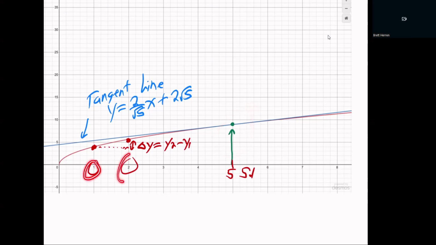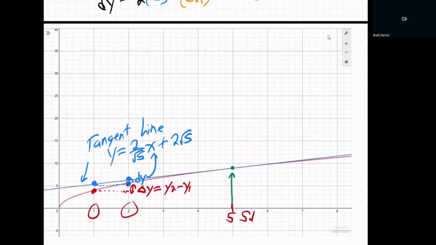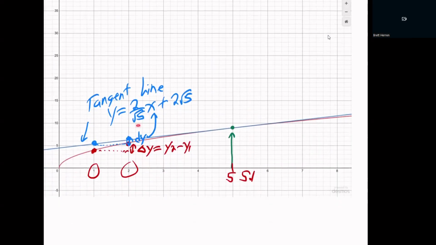So imagine we went from 1 to 2 instead. There would be a delta y, the difference in y values. And in that same range, there would be a difference in these heights, right? This gap right here would be called dy. It's the difference in heights from the tangent line equation, because the dy is all about the derivative.